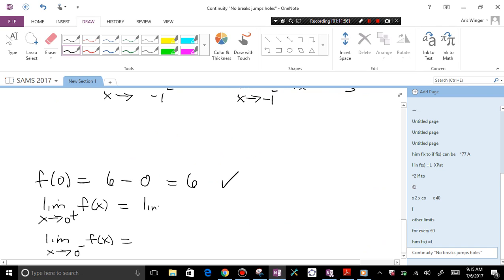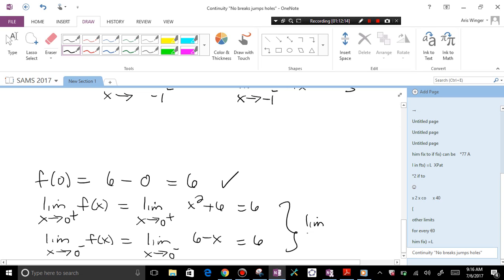This is equal to the limit as x tends to 0 from the right of x squared plus 6, which is 6. From the left, this is equal to the limit as x tends to 0 of 6 minus x, which is also 6. The limit is 6, so the limit exists. The limit as x tends to 0 of f of x is equal to 6.